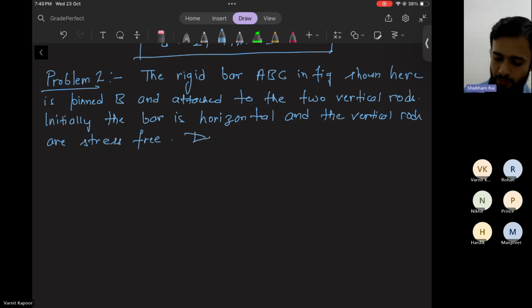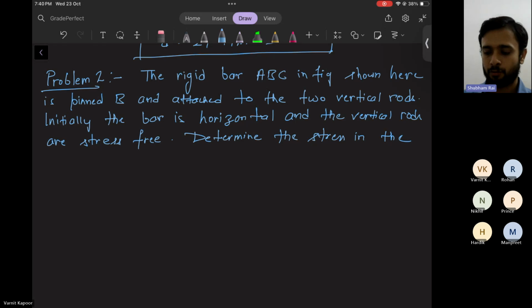What you have to do is determine the stress in the aluminum rod. So there are two rods. Out of that, one rod is of aluminum.